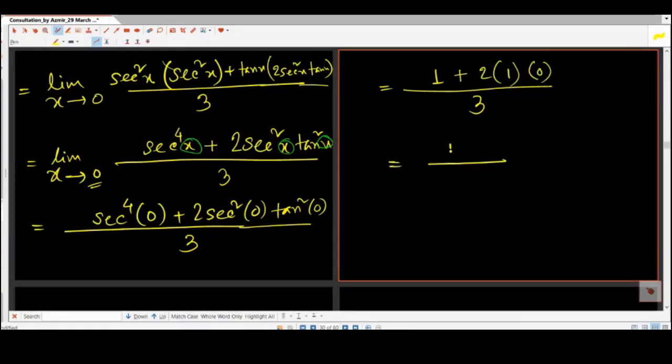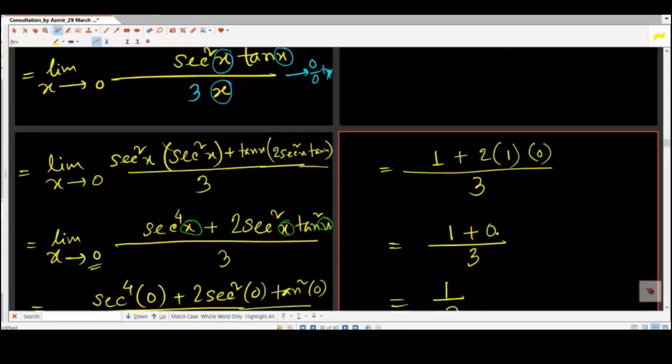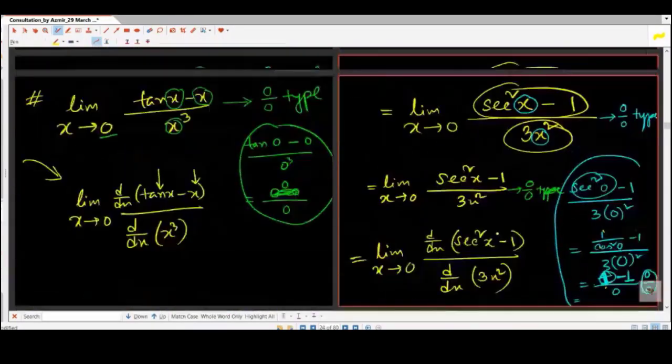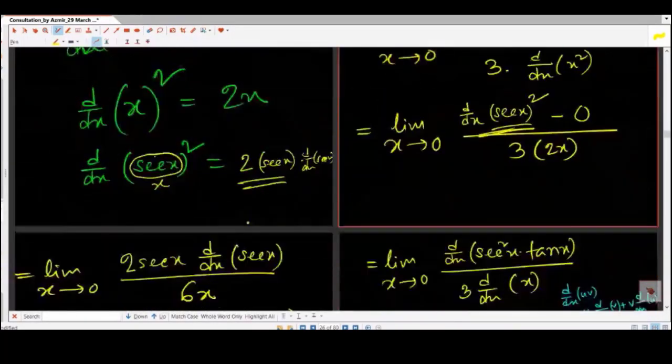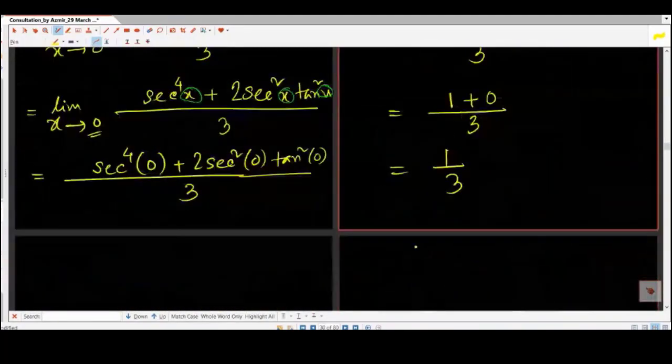So we have 1 plus 2 times 1 times 0, that is 0 by 3. So actually we have 1 over 3. Finally, we are able to solve the problem. That means the limiting value of this function when x approaches 0 is 1 over 3. So this is our final answer.